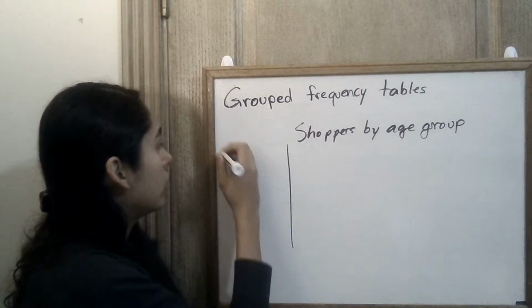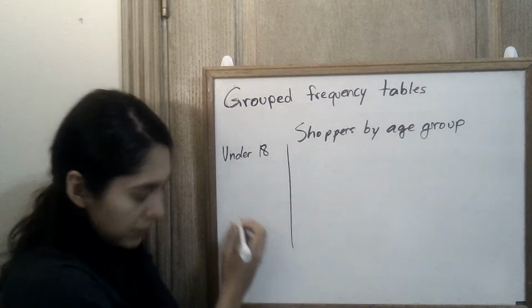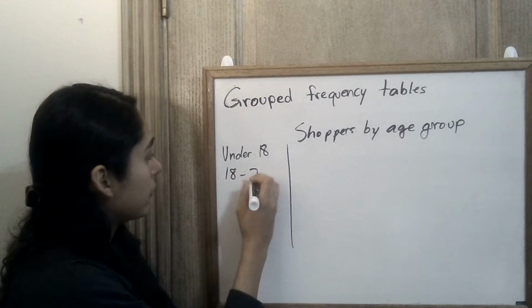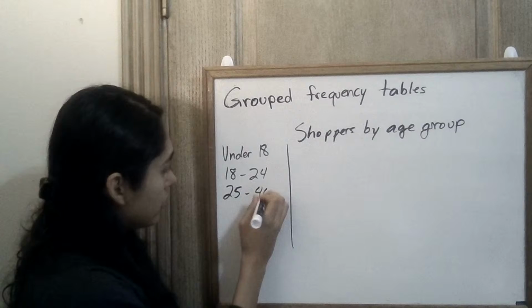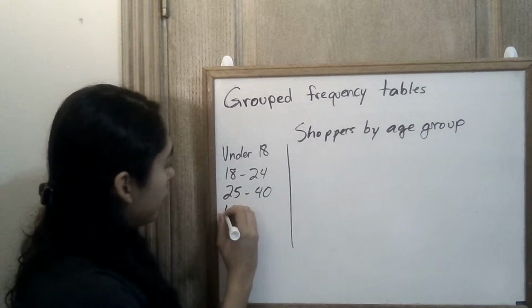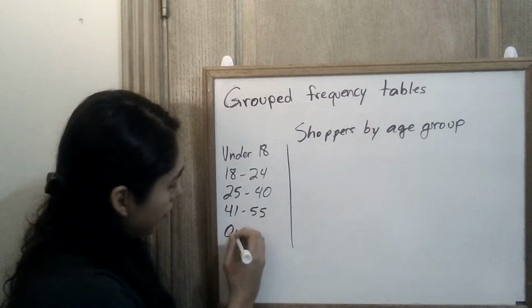Let's say I have people under 18 years of age, people from 18 to 24, people 25 to 40, 41 to 55, and then over 55.